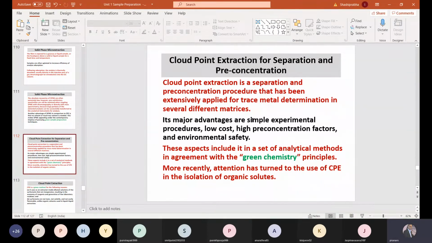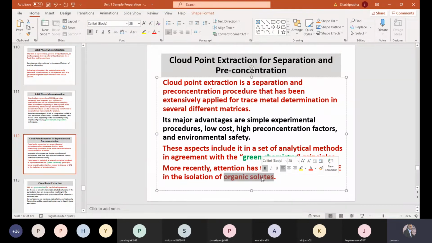And of course, when it doesn't use organic solvents, it helps in environmental safety. Now it is also being used for separating organic molecules. Previously it was for metal ions. Now it is also used for organic molecules. So this is very important here. The use is now extended to organic compounds and trace metal determination.